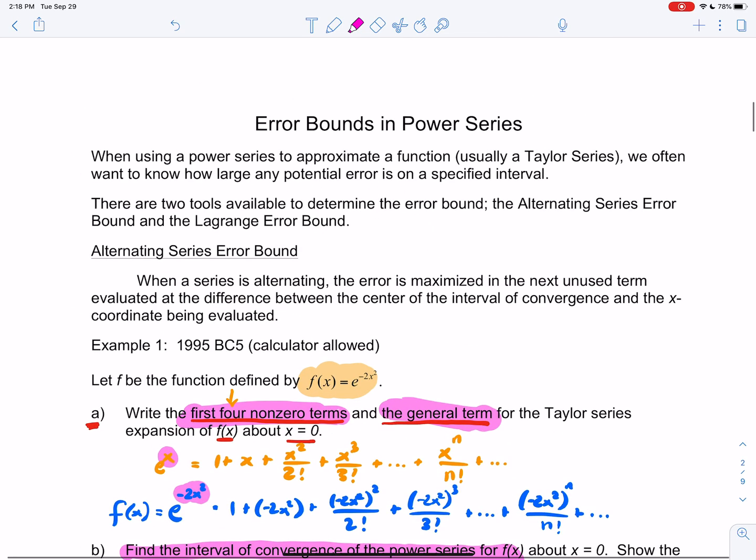But first, let me talk to you guys about what error bounds really is, okay? If you think about any type of production company, when you're building something, especially when you're manufacturing something at a large scale by volume, you want to know what your error is. Let's think about IKEA furniture, right?